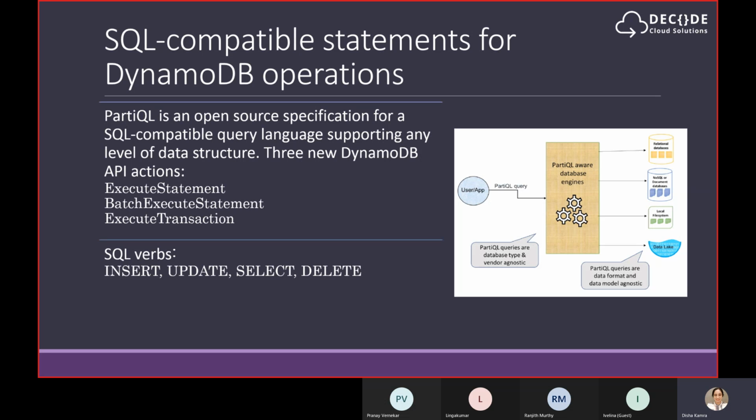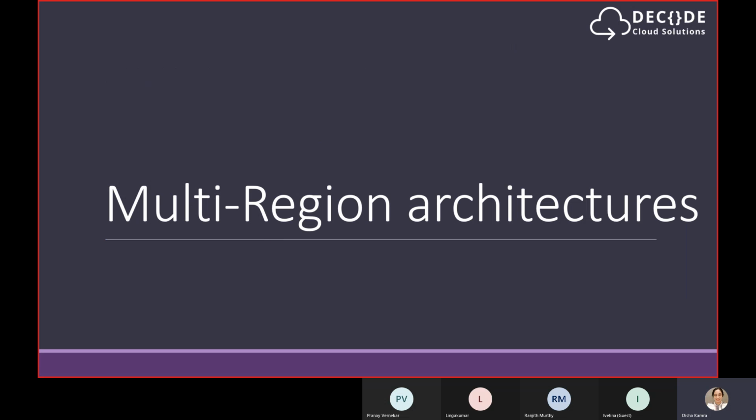Or if you want to use DynamoDB transactions for multiple items, you can use the ExecuteTransaction API. So this is really new and very exciting. We think it will really help developers learn and adopt DynamoDB more quickly and check out the other options. Let me take you to the next slide, which is talking about multi-region architecture.